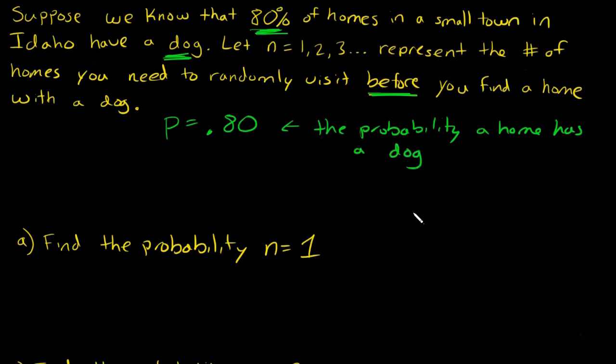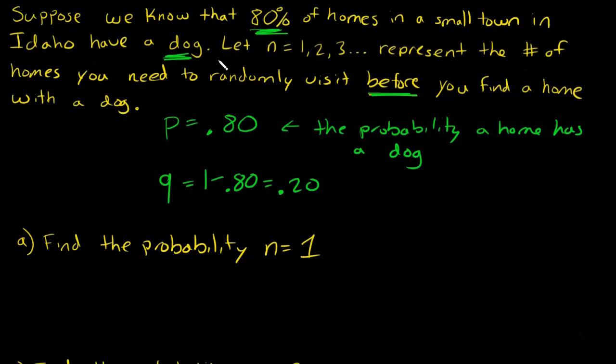Then I'm also going to do q, and q will be the probability of a failure. If the probability of success is 0.8, then the probability of a failure is 0.2. Now remember, whenever you're talking about probability, you need to convert from percentage to decimal.